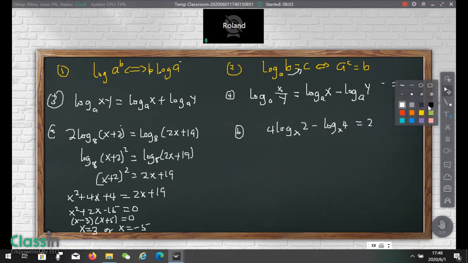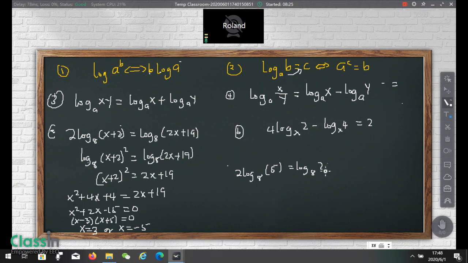let's check. If we take x equals 3 and plug it into our original equation, we have 2 log base 8 of (3 plus 2), that is 5, equals log base 8 of (2 times 3 is 6, 6 plus 19 is 25).